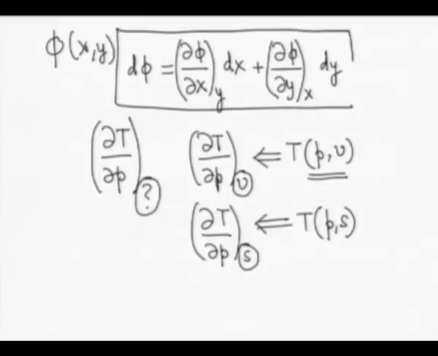if phi is a continuous function, then the differential of phi can be written down like this, and we use the inverse of this.